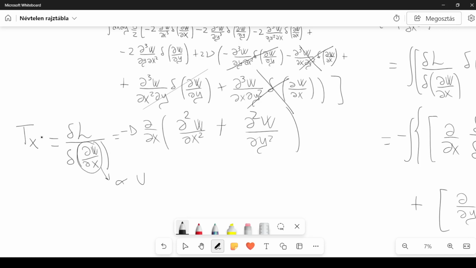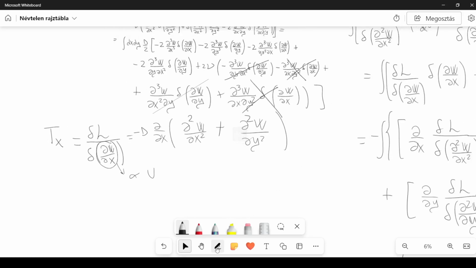Hopefully it will become clearer later when we derive the differential equations for the forces along x and along y, and also moments, bending moments and twisting moments. Actually, I can also write something right now.